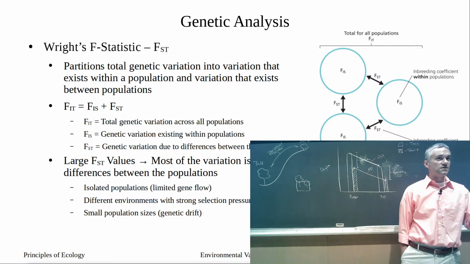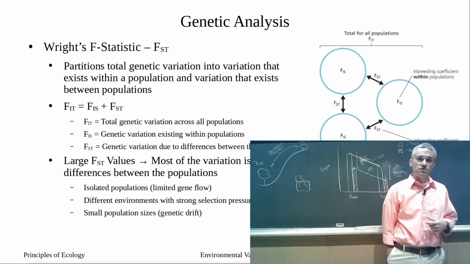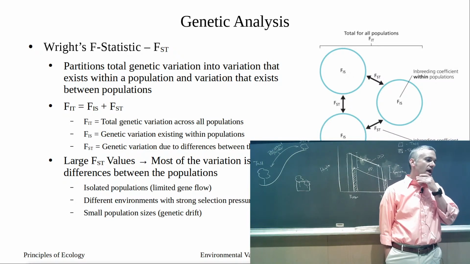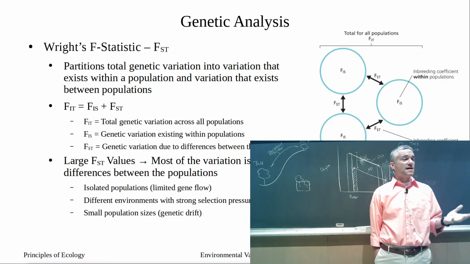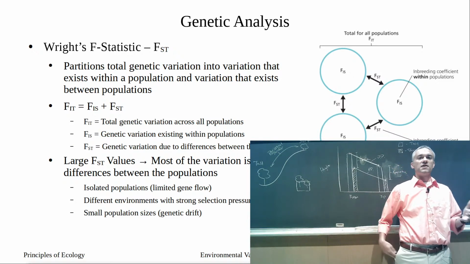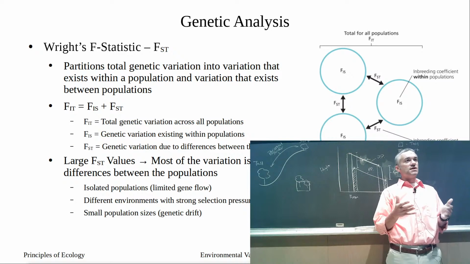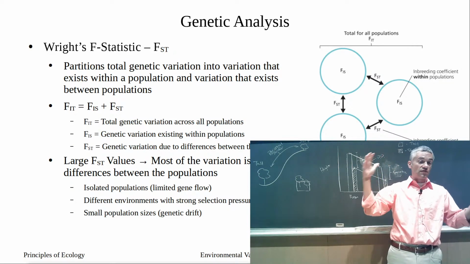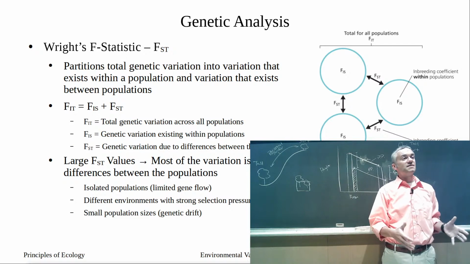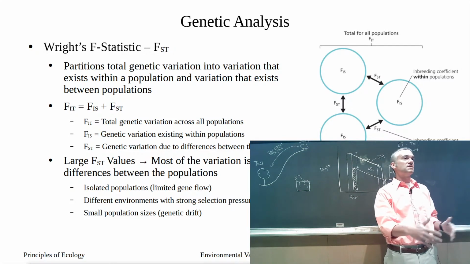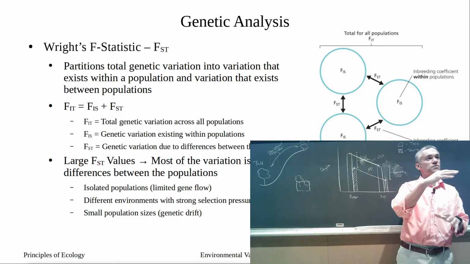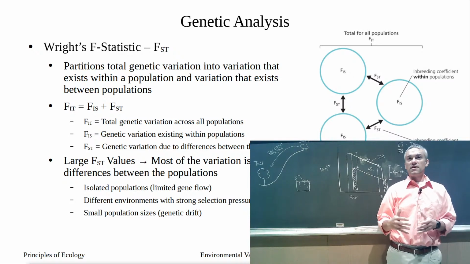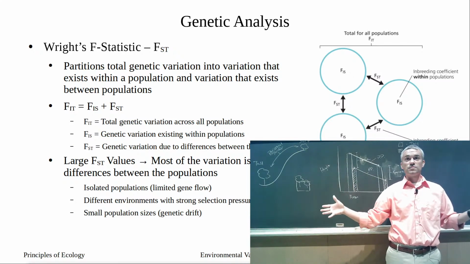There's a statistical distribution, Fisher's F. And the nice thing about this analysis of variance is that you can take all of the variation in your data and partition it out. So we have overall variation across all of our data, and then we can break it down and say, okay, this is the variation that exists within each of our groups, and this is the amount of variation that exists when we compare our groups.